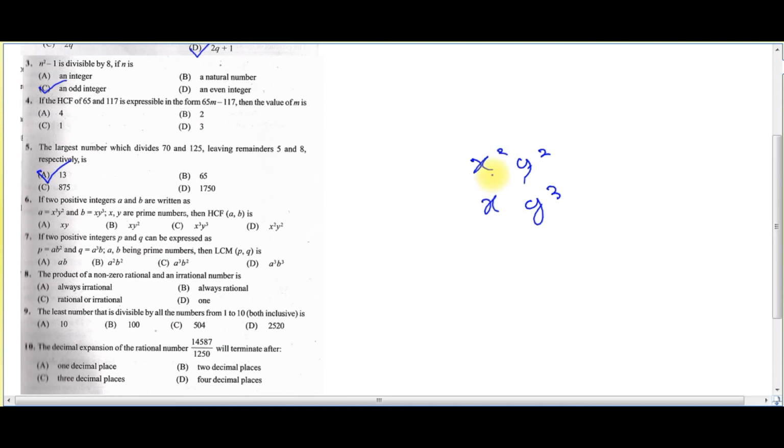So what is common here? x is common, and x y squared is common. So the answer is x y squared. Everything is easy, guys, the 10th class syllabus is almost easy. In the next question, they are finding the LCM, not the HCF. The least common multiple of this is a cubed b squared.